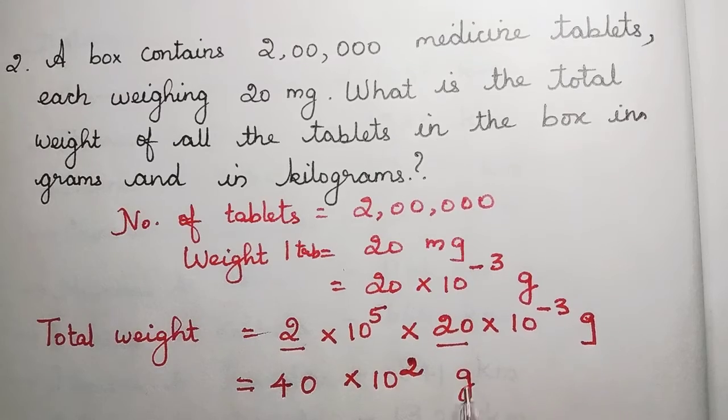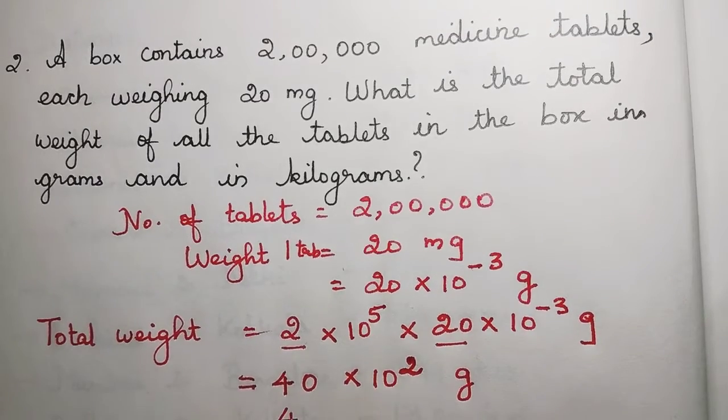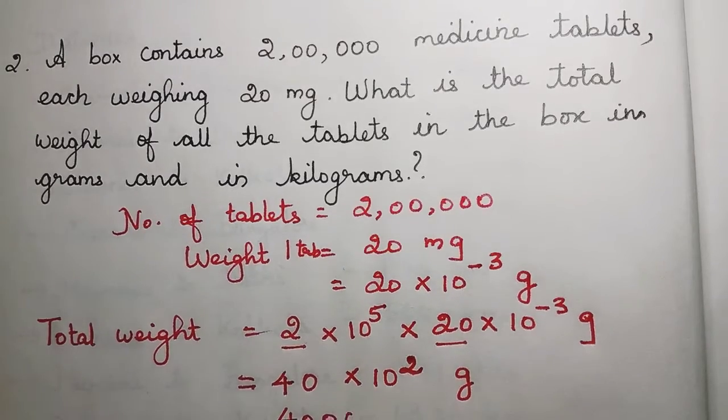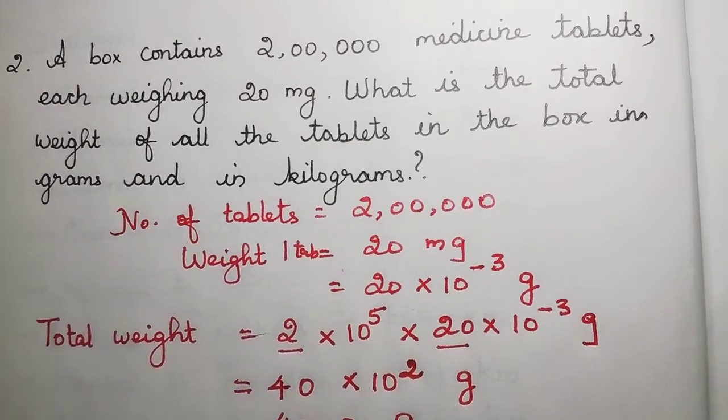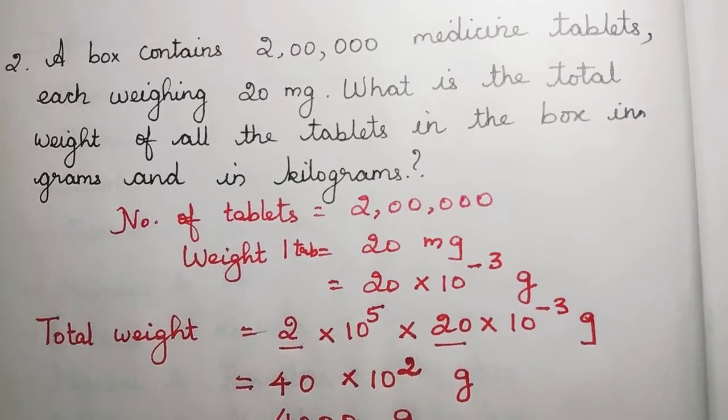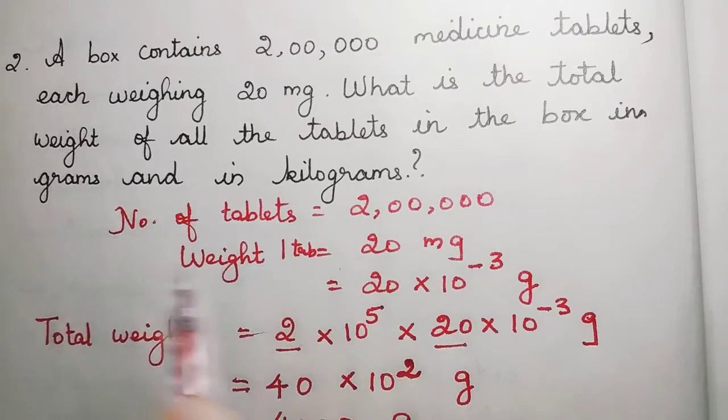That is 40 into 10 to the power 2 grams, which means you have to put 2 zeros. So this is the total weight in terms of grams. You have 4000 grams. So the first question is over.